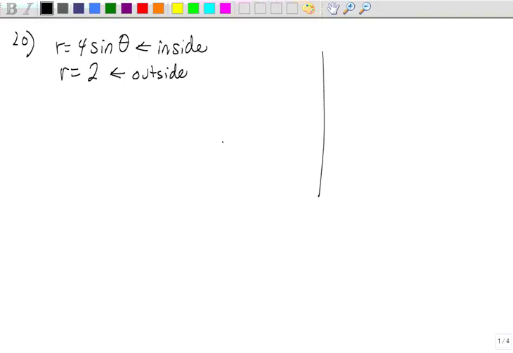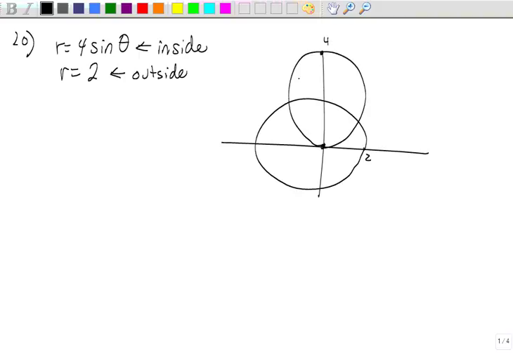Okay. Try 20. And 20, I want it inside and outside this. So I want it outside, r equal 2, that's radius 2, and inside, this is for this circle, so I want it from here to here. We have to find the points of intersection. So set them equal.